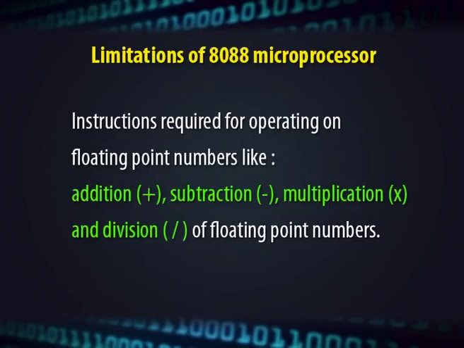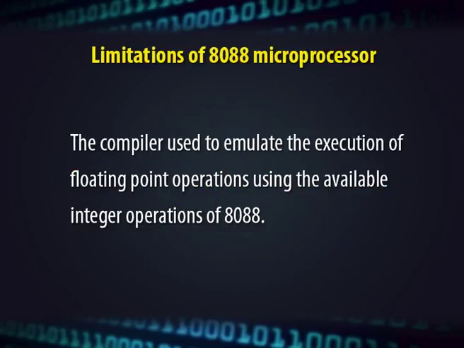The instructions required for operating on floating point numbers, like addition, subtraction, multiplication and division, were missing in the 8088 microprocessor. The compiler used to emulate the execution of floating point operations using the available integer operations of 8088. However, the emulation process is extremely slow and hampers the performance of applications, especially the ones using excessive floating point operations like scientific and real-time applications.